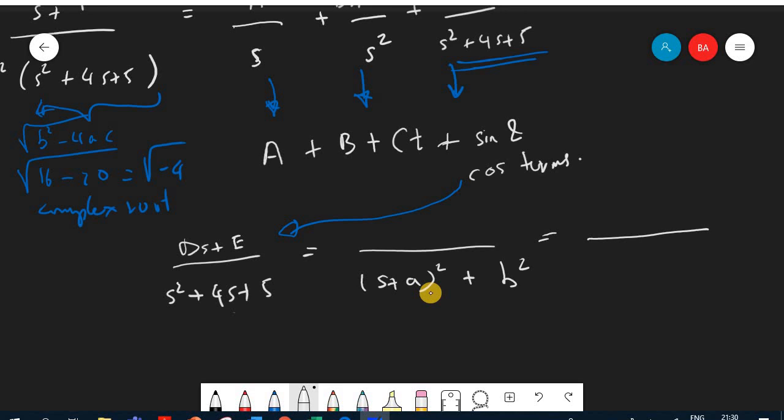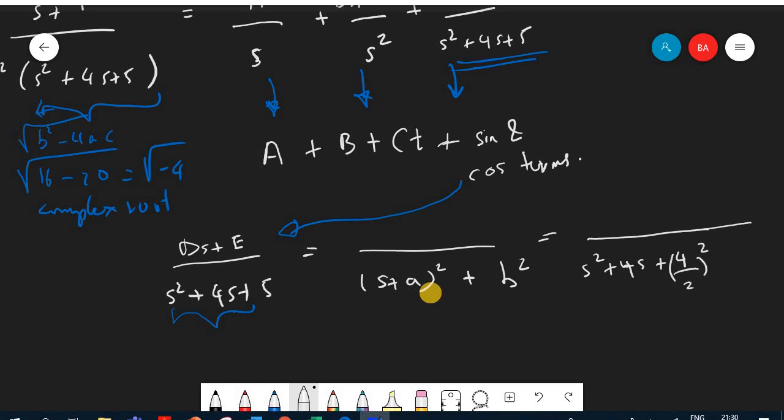So this will be (s plus a) the whole thing squared. How to get the (s plus a) of the whole thing squared? We are going to take the first two terms here. The first two terms will be s squared plus 4s, and then I'm going to divide by 2 this term here, which is 4 over 2, the whole thing squared.